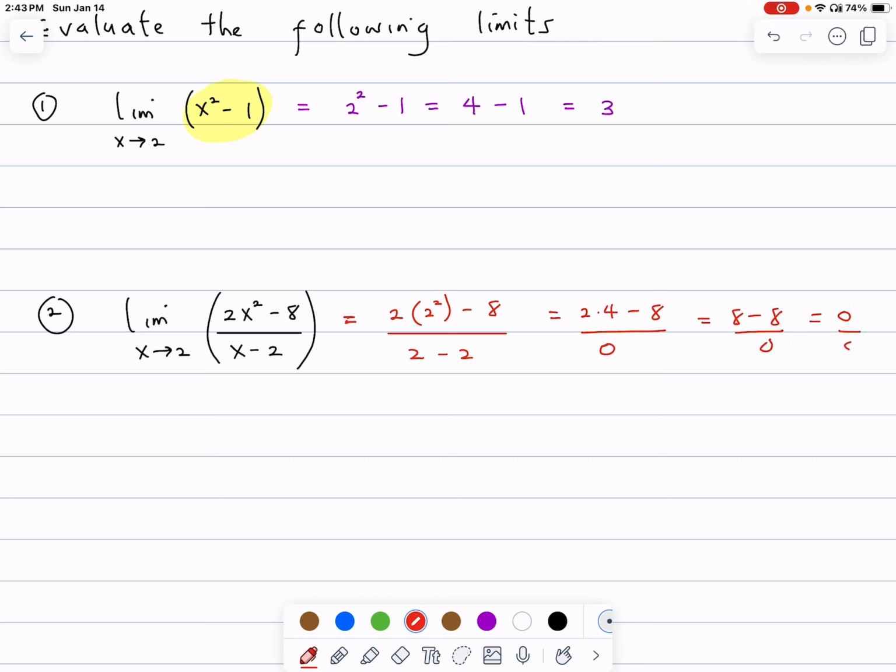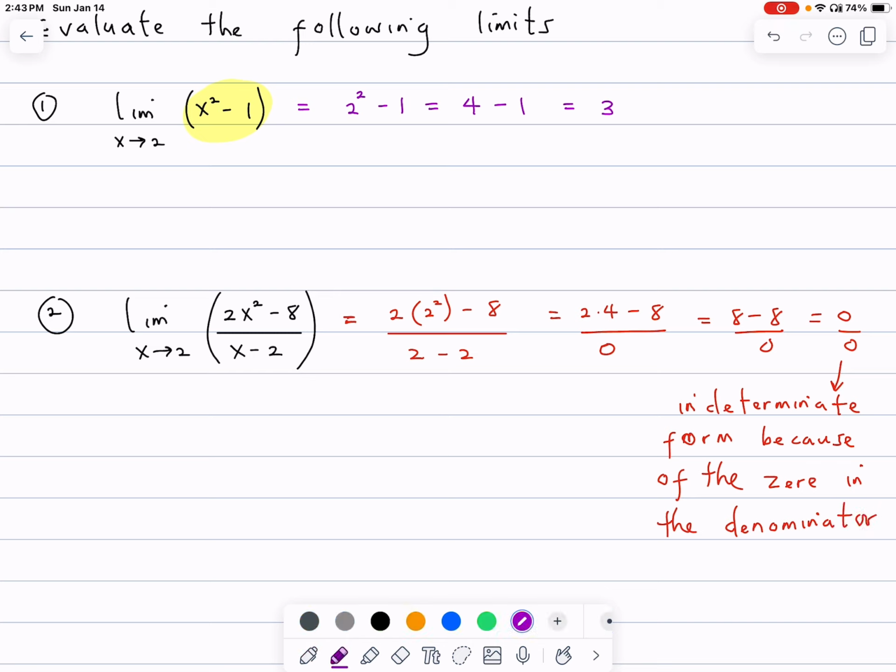And this is called an indeterminate form because of the 0 in the denominator. So that's called an indeterminate form.